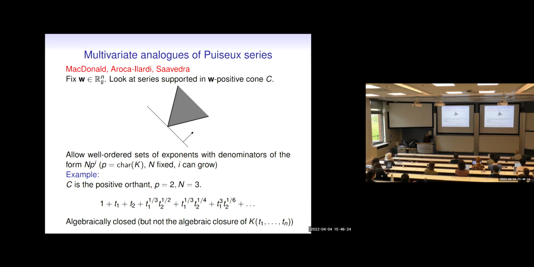There are two places where there are partial results. It tends to be about what the supports can actually look like, so what sets of exponents could show up. And there are some bits of work, mostly if we're starting with algebraic closures of finite fields, about what patterns of coefficients could show up. But I would say it's still very open for such an elementary question.